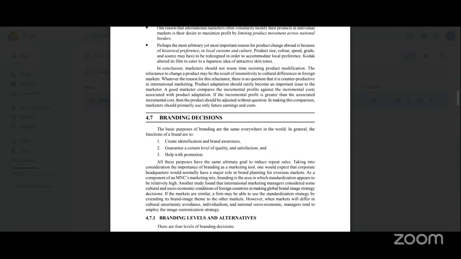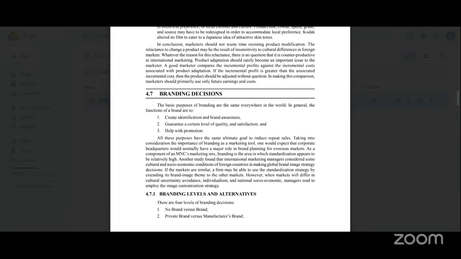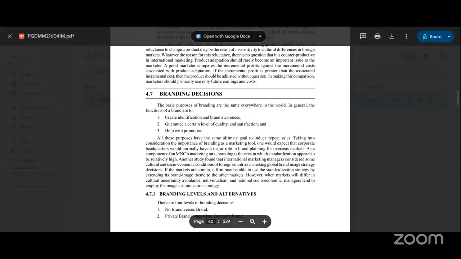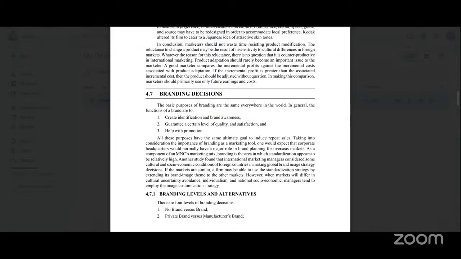So, in conclusion, here we can say that marketers should not waste time resisting product modification. It may be just a part of the process, and the earlier we understand and implement that, the faster it will be for us to not only gain an entry into a foreign market, but also to gain a sizable entry into the foreign market.